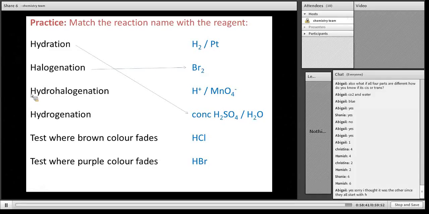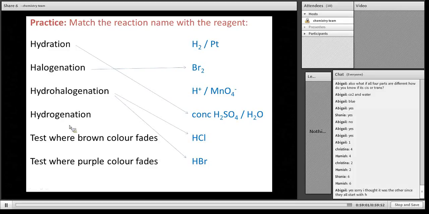Yes, that's right. It's quite confusing because they all start with H. Now, you did say number 6, and that's correct as well. If you chose HCl or HBr, both of them are correct for hydrohalogenation.